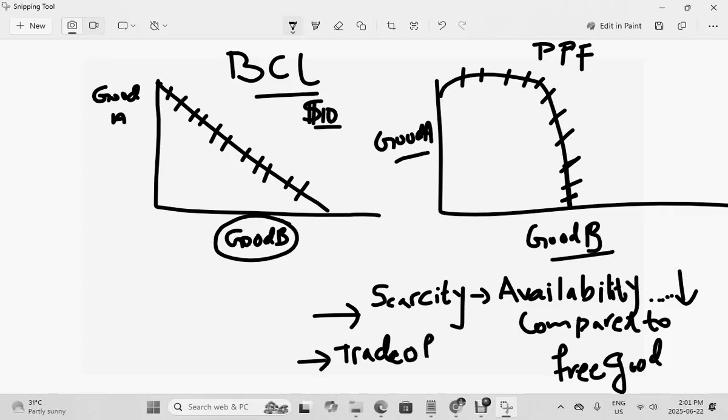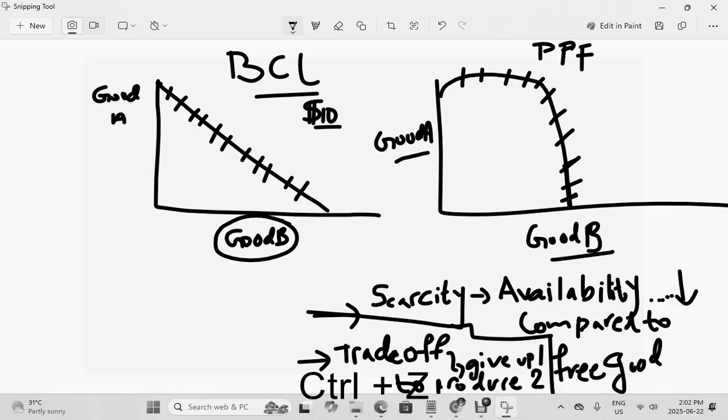Giving up one to produce the other. All right, so that would be trade-off.